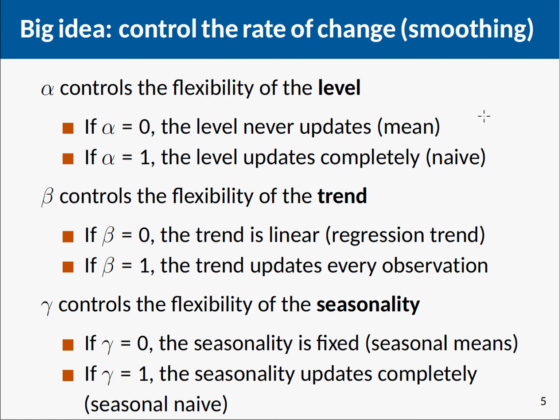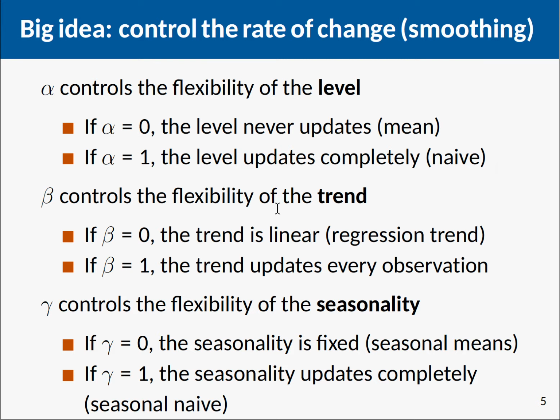So what that means is the series stays at its mean. If alpha is equal to 1, then the level of the series completely updates, and this is identical to a naive method where the level of the time series tomorrow, or the one period ahead, is going to be what it was in the previous period.